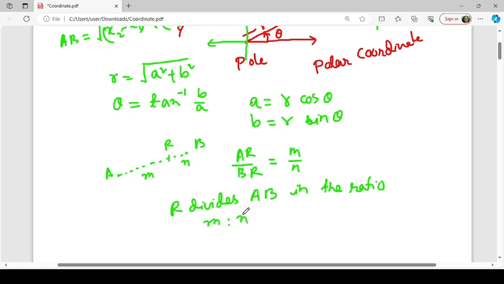And one thing is, R is in between A and B, so this is internal division. Means R divides AB in the ratio m is to n internally.